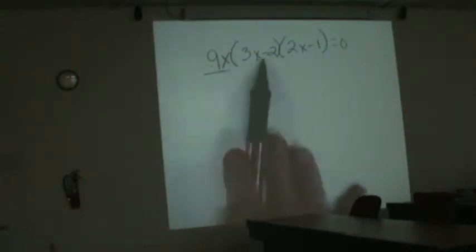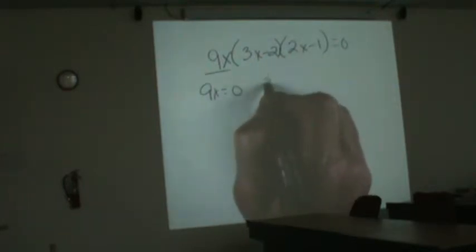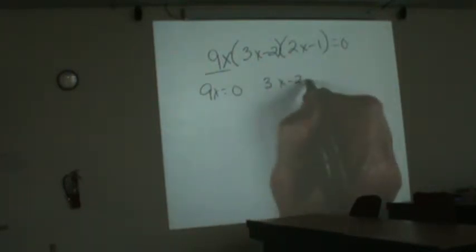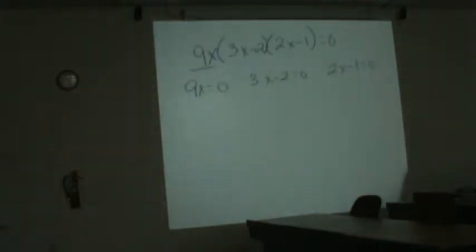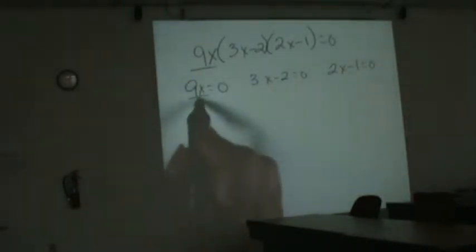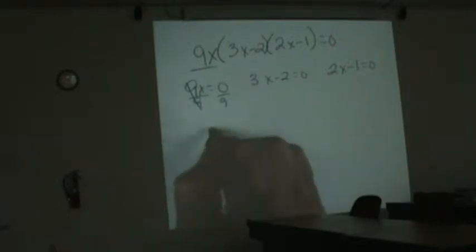So we're going to set each one equal to 0. 9x equals 0, 3x minus 2 equals 0, and 2x minus 1 equals 0. Okay? 9 times what is 0? Divide by 9. 0 over 9? What is that? 0.